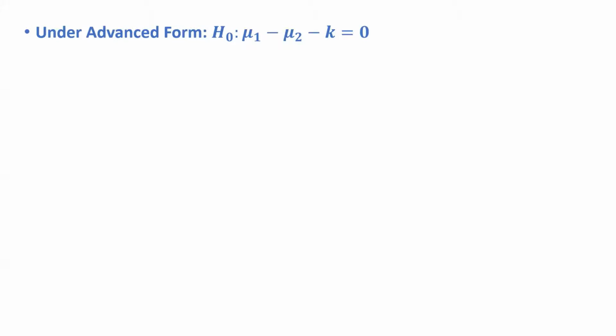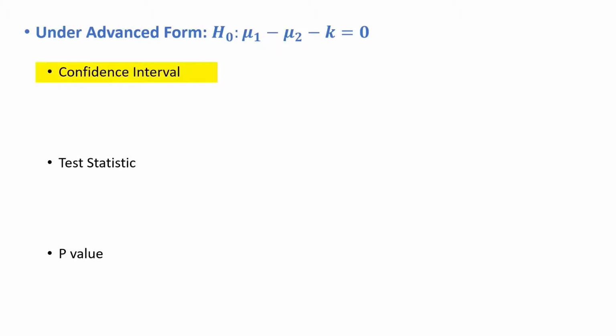Alright, we have all three methods: the confidence interval, the test statistic critical value, and the p-value method. First, we will see the confidence interval method. You will have to test the hypothesis of this form using the confidence interval method in the exams. The method is very easy.